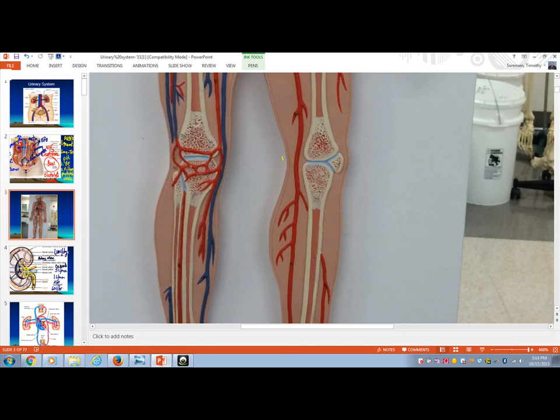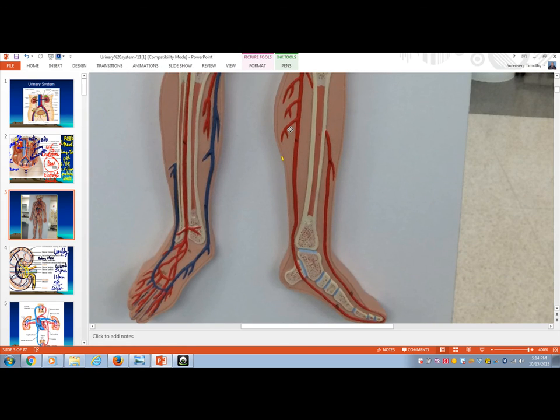And farther down the leg, you have the dorsalis pedis, so you take a pedal pulse. Then you have the arcuate artery of the foot.